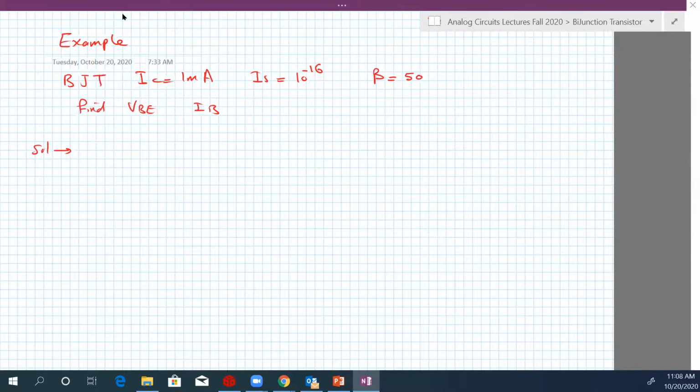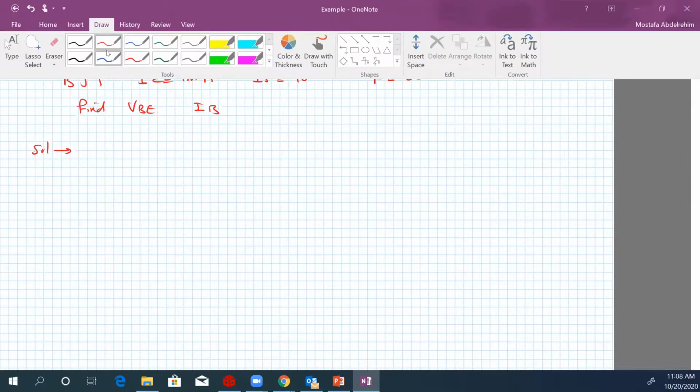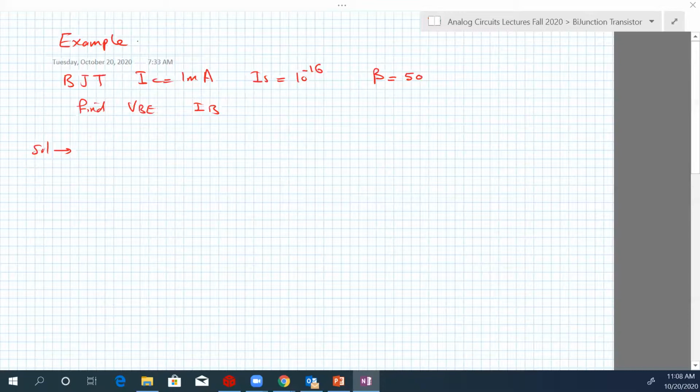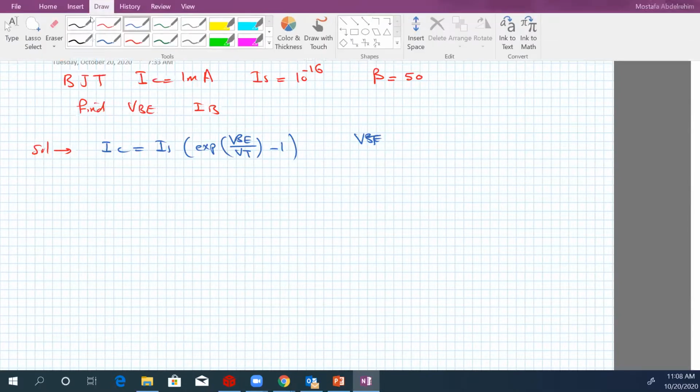Okay, the solution. Just a direct application of the equations that we took so far. We know that IC equals IS times exponential VBE over VT minus 1. VT is equal to 26 millivolts.